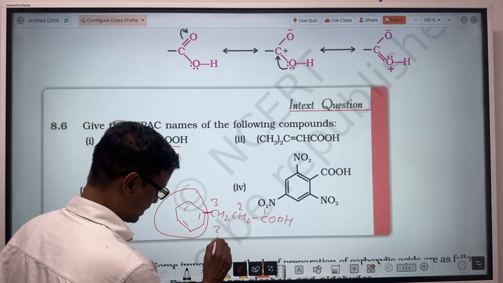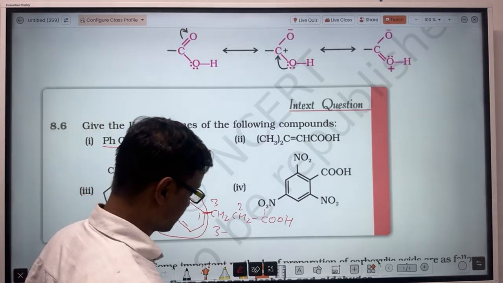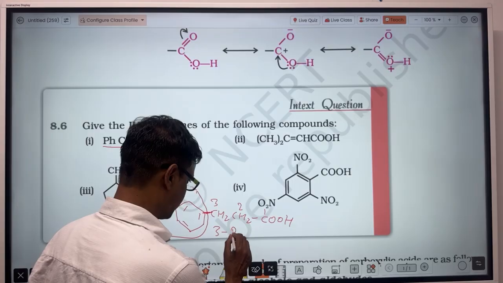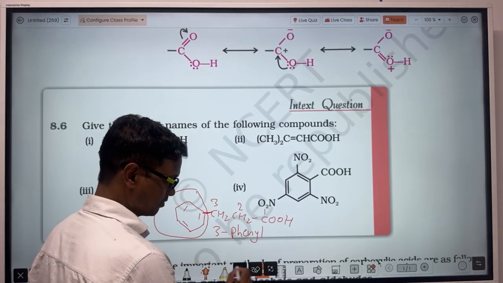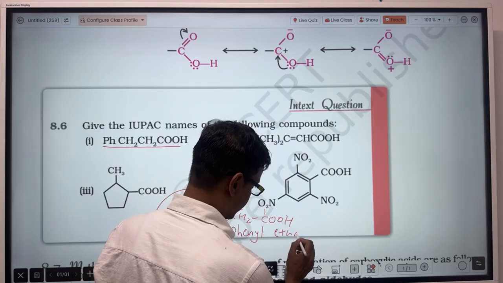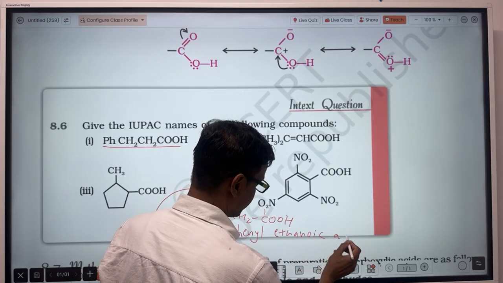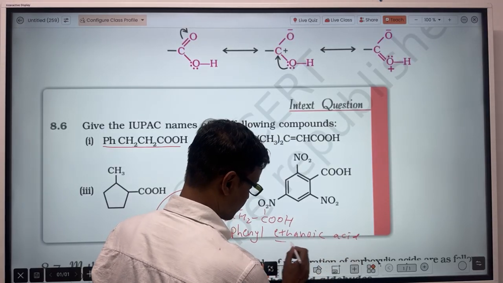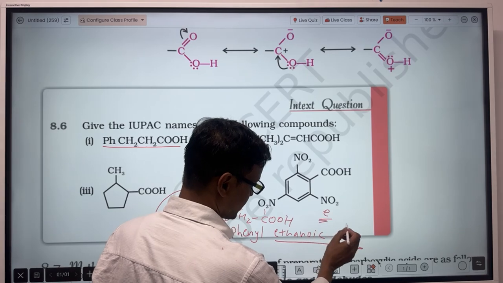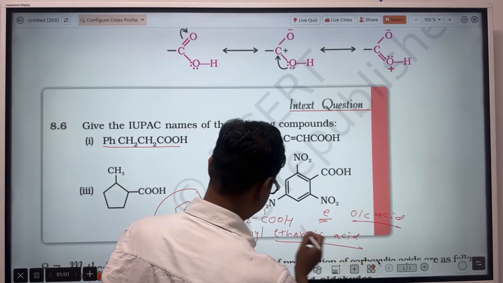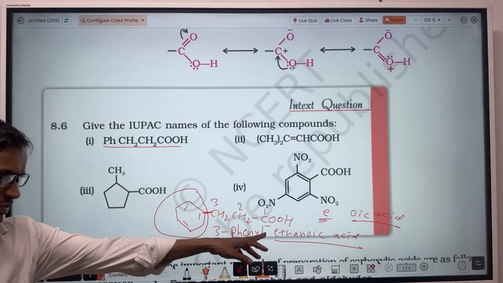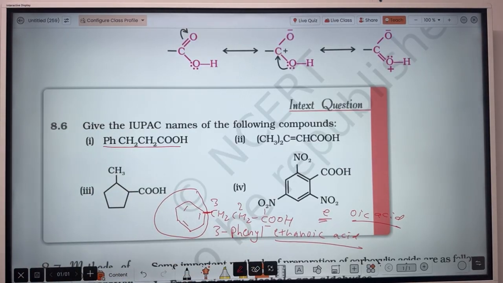So it will be 3-phenyl, and this substituent is at the third position. That's why 3-phenyl. And here 3 carbon atoms, so that's why propanoic acid. Here e has been replaced by oic acid. Only one COOH group here, so that's why e has been replaced.